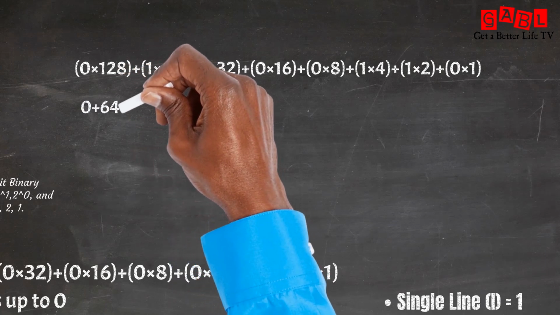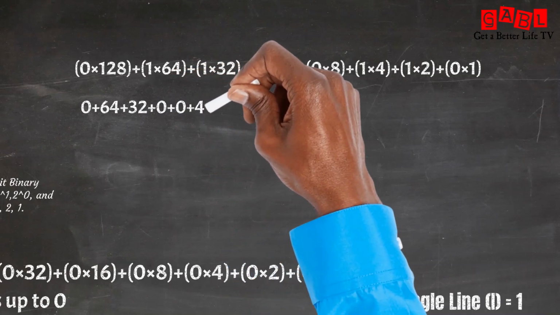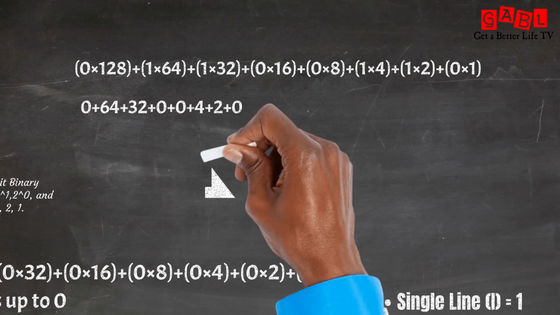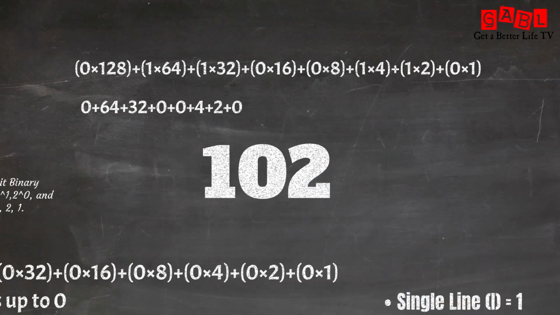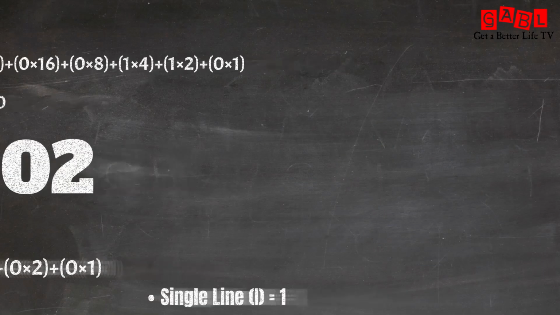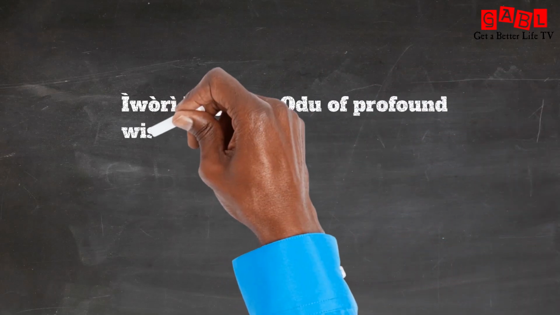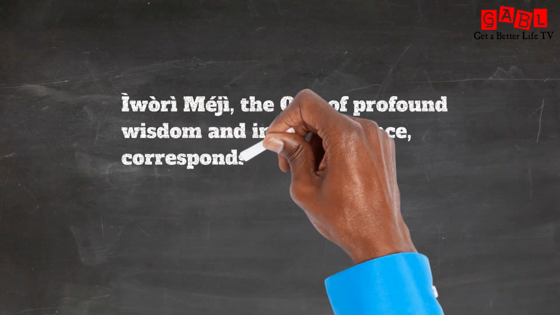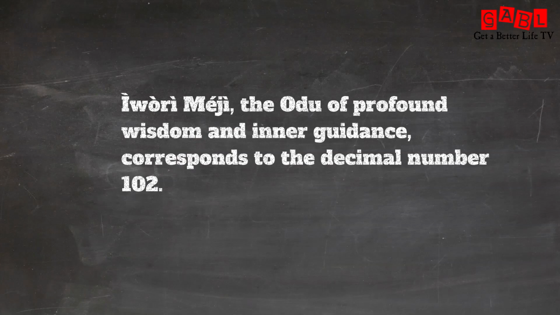It calculates to 0 plus 64 plus 32 plus 0 plus 0 plus 4 plus 2 plus 0, which sums up to 102. So, Iwori Meji, the Odu of profound wisdom and inner guidance, corresponds to the decimal number 102. Its distinct pattern gives it a precise numerical address within the vast tapestry of Ifa's system.